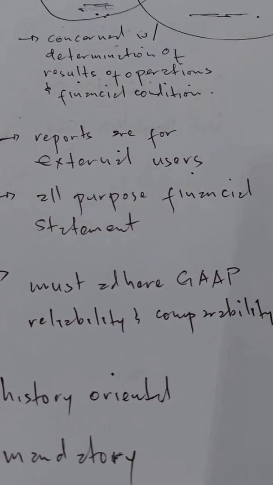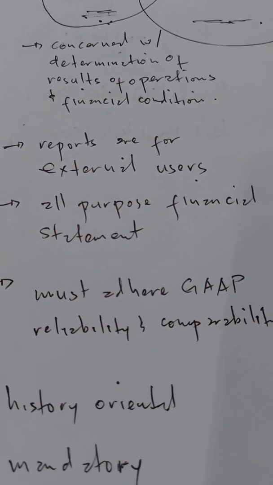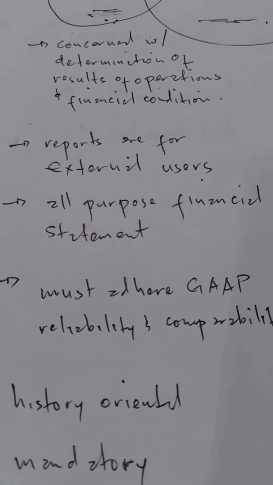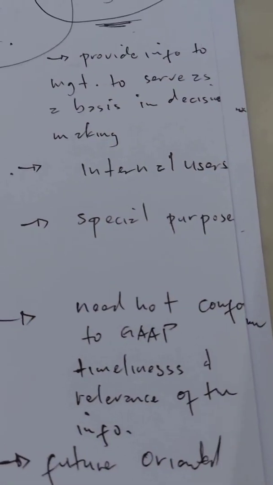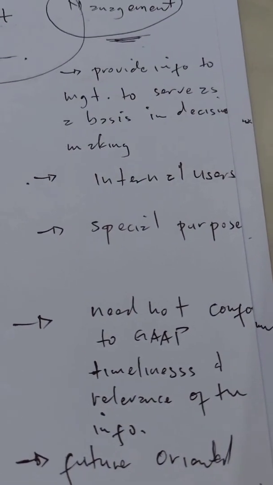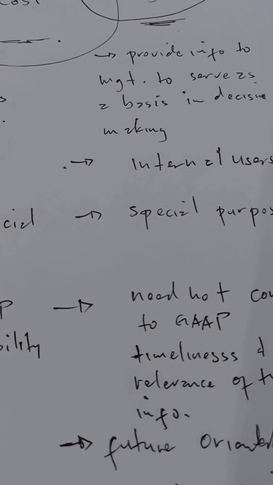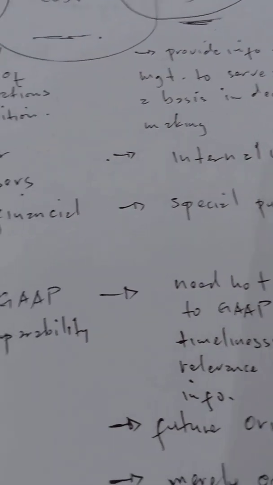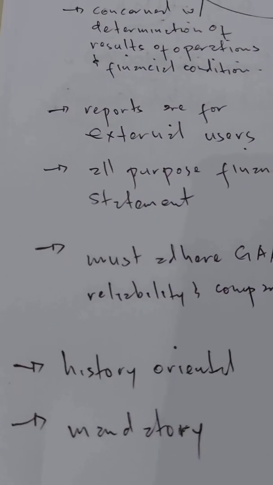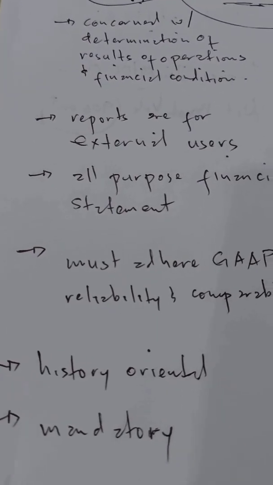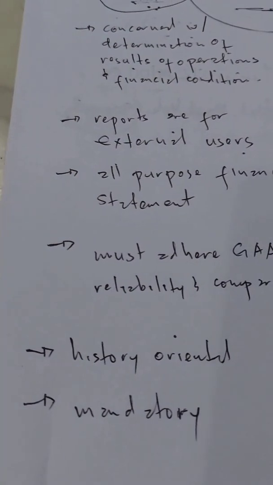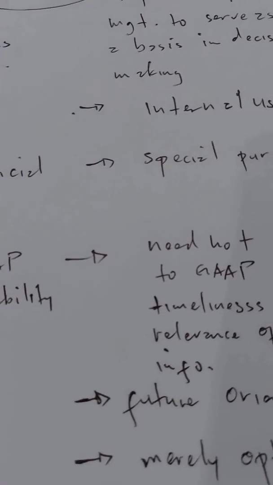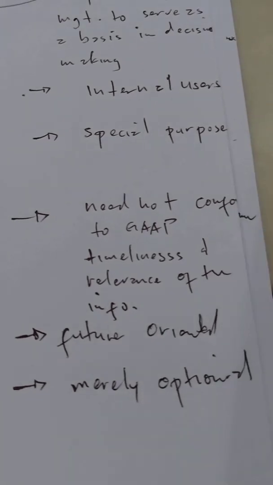Ang emphasis niya ay reliability and comparability, while ang management accounting need not conform to GAAP. Ang emphasis niya ay timeliness and relevance of the information. While as to orientation, history-oriented ang financial, ang management ay future-oriented. As to existence, ang financial accounting ay mandatory, ang management accounting ay merely optional.